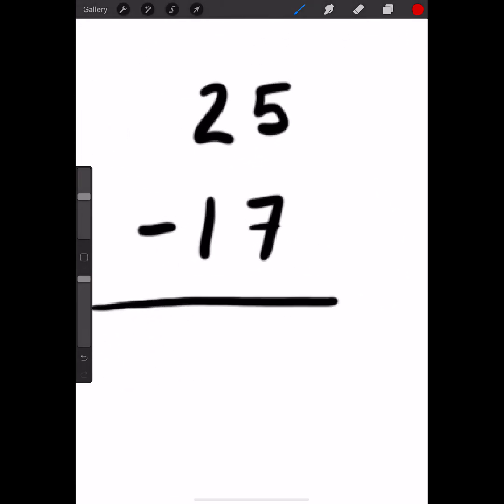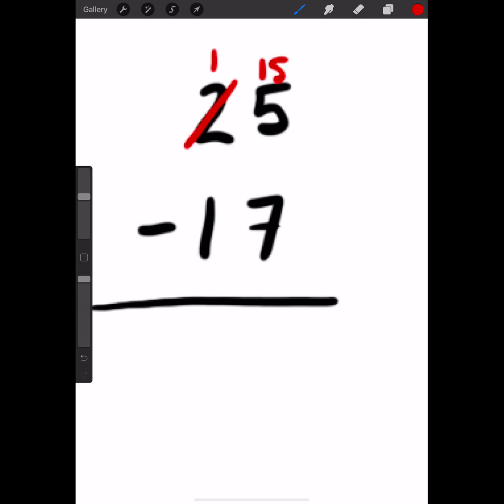Another example, 25 minus 17. Again, I know that I can't take 7 away from 5. So, what am I going to do? I'm going to borrow. So I'll slash the 2. I'll take 1 away, leaving me with 1 left over. I'll write my new number over here, and that's 15.